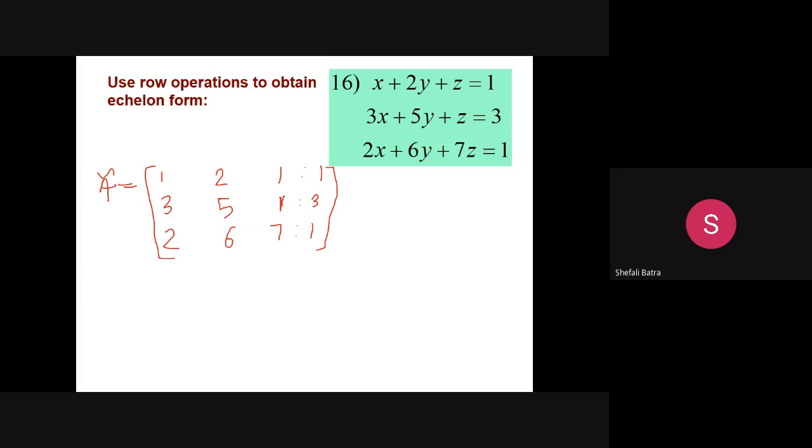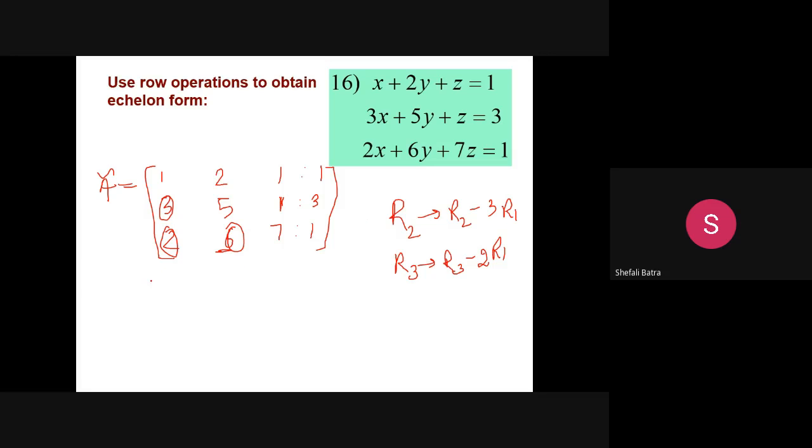This is your augmented matrix. You need to convert it into row echelon form. So you will be making this 0 and this 0. So you will apply R2 implies R2 minus 3 times R1 and R3 implies R3 minus 2 times R1, right? After making this 0, you will try to make this 0.